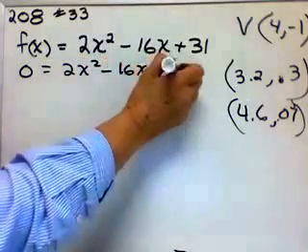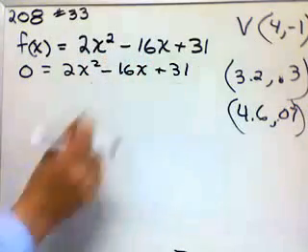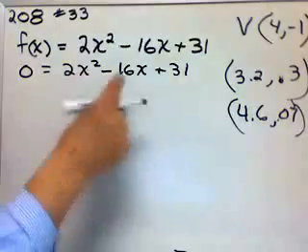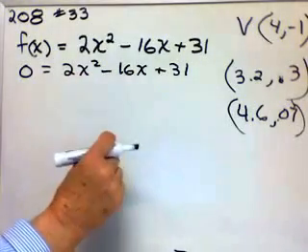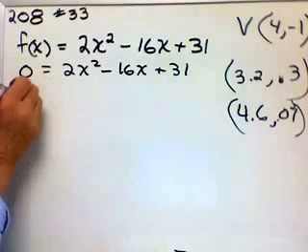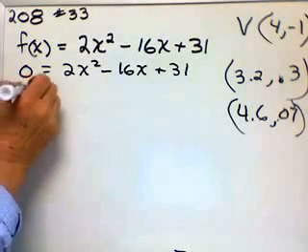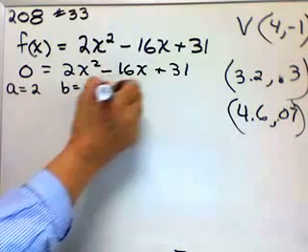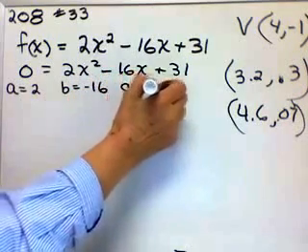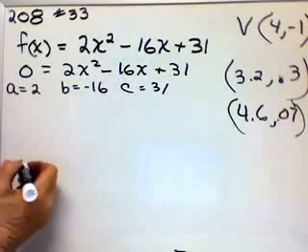And if you look at solving this one, it becomes quite obvious that it doesn't factor into 2 parentheses so that you could get 2 answers that way. So the quickest way is going to be the quadratic formula. You remember that, right? So a is 2, b is -16, c is 31. And just plug those numbers in.